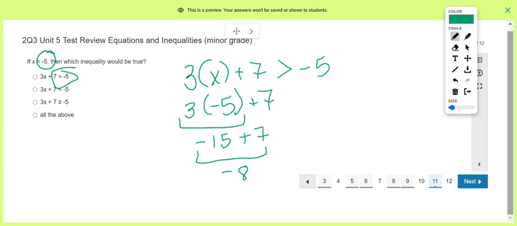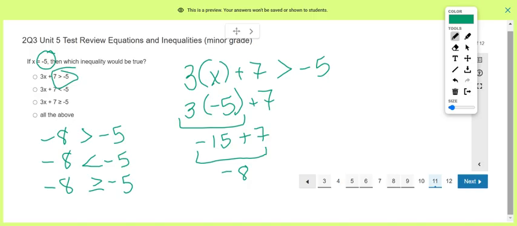So we have all of these are saying -8. And if we look at the first choice, and then the second choice, and the third choice, we're seeing which one is true. So each one of these expressions on the left, they're all going to end up being -8.